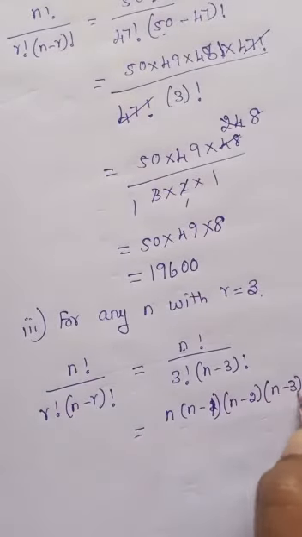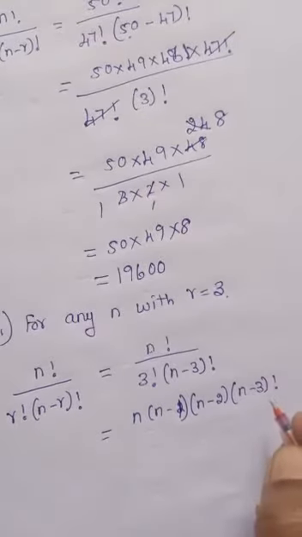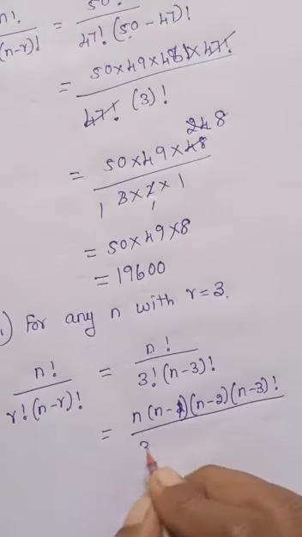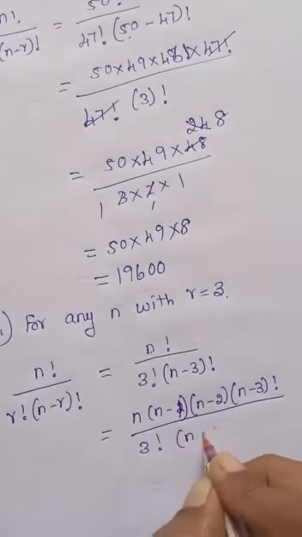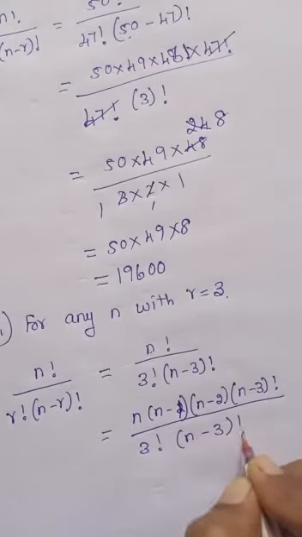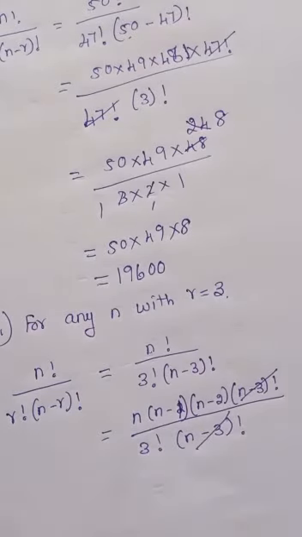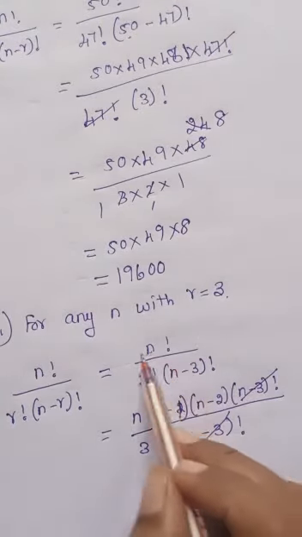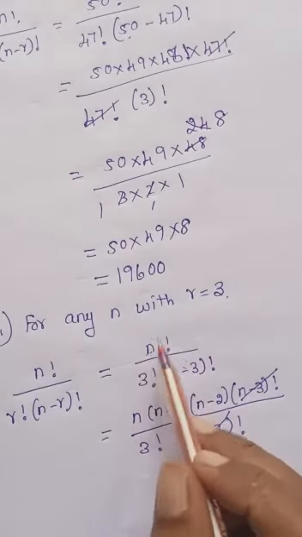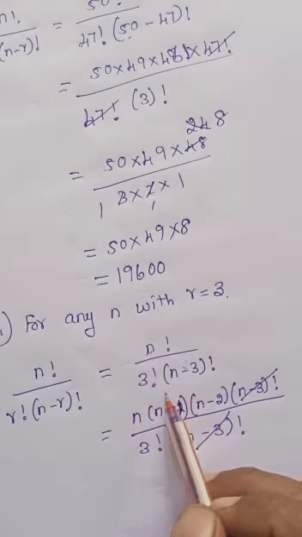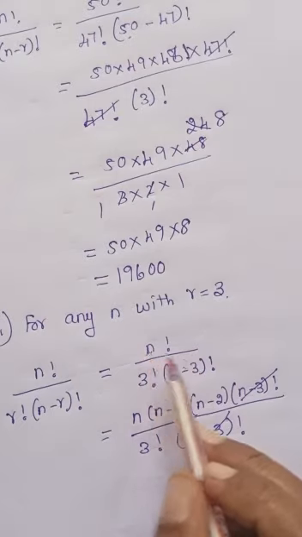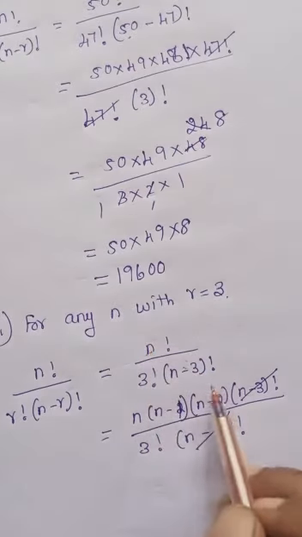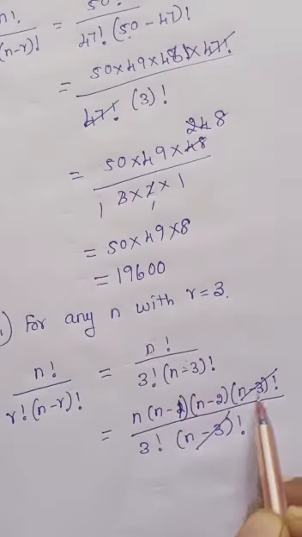N minus 3 factorial divided by 3 factorial into n minus 3 factorial. See, both n minus 3 factorial will be getting cancelled. So that only this n factorial we simplified. Which is bigger, we will simplify. Okay, either it may be in numerator or in the denominator. Which is the greatest value among that factorial, that we have to bring it into the smallest one.